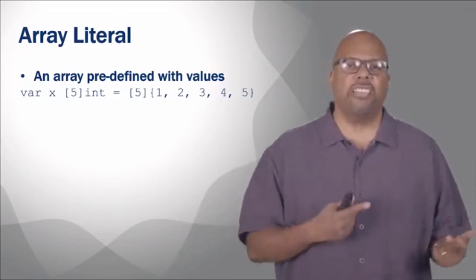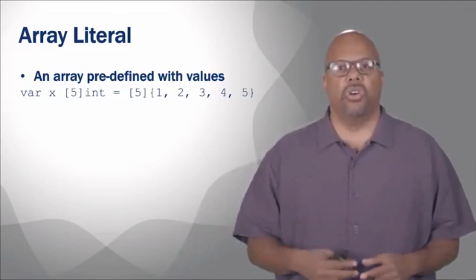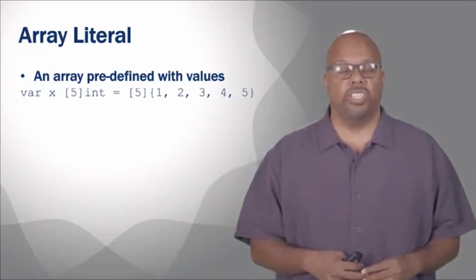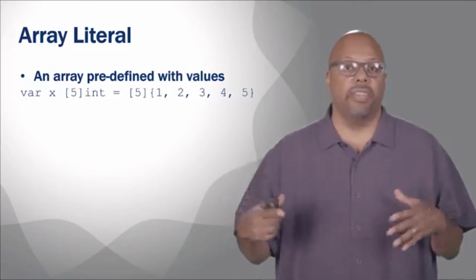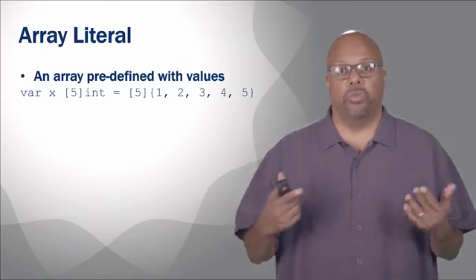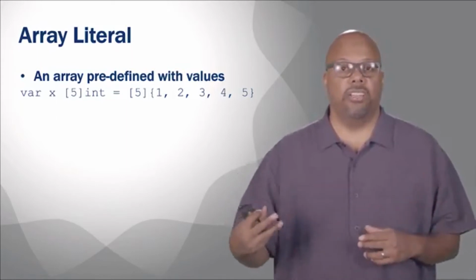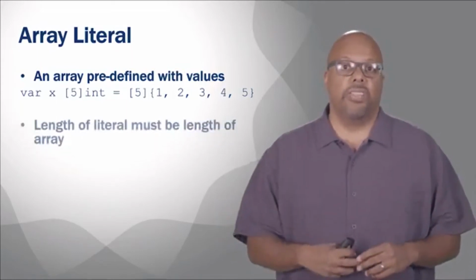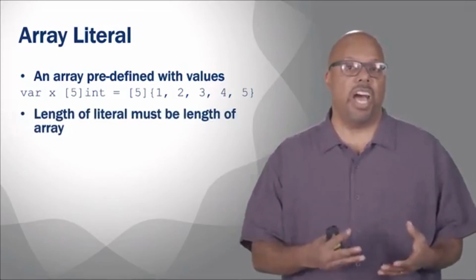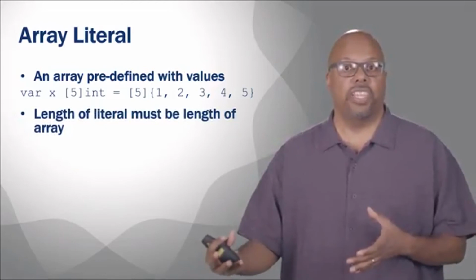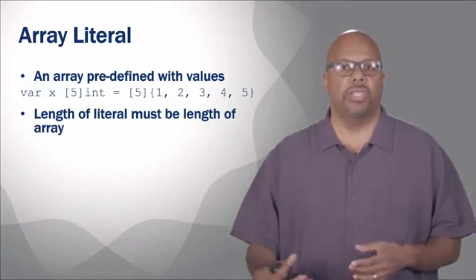So that's a way of initializing the array to a set of values. That list of 5 integers inside the curly brackets is called an array literal, and we're defining x to be equal to that array literal. The length of the literal has to be the same as the length of the array. So if you declare x to be 5, you better have 5 values inside the array literal.